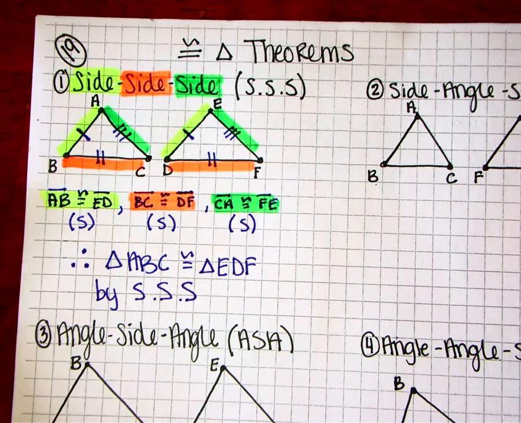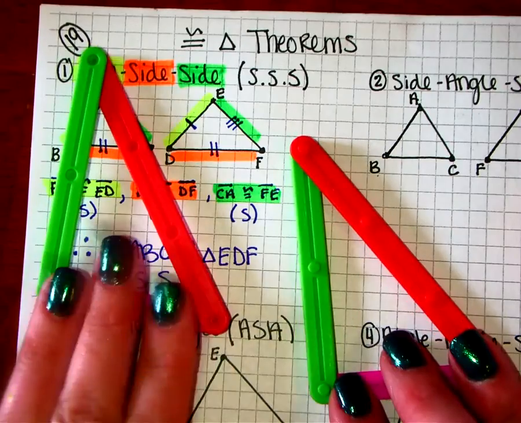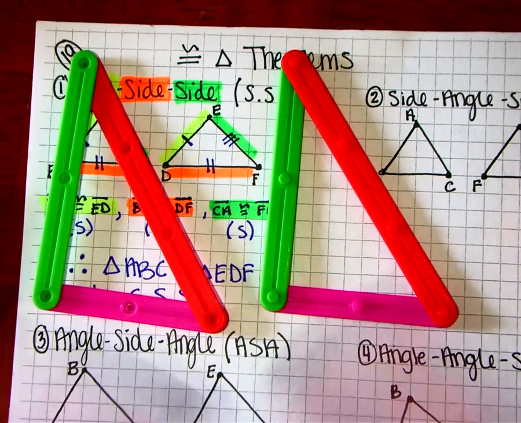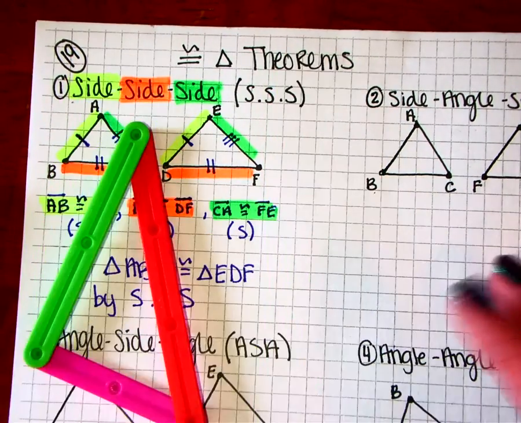So I've shown that my sides are all the same, so that must mean that my triangles are congruent. So just a recap, side, side, side is whenever you have three pairs of congruent side measurements. These are all different. They could all be the same. It really depends on the type.